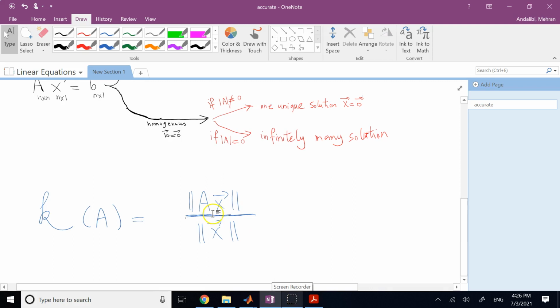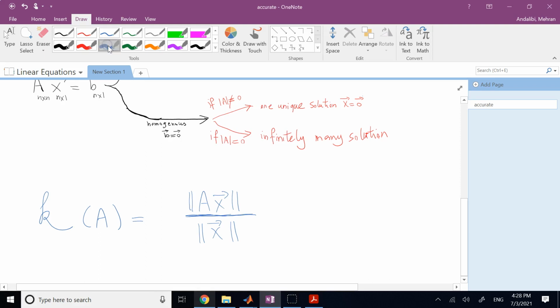But what you really want is, if I change my vector x, and in the numerator I multiply it by A and take the norm of it, in the denominator I just take the norm of x itself, and I evaluate this ratio for any possible vector x, then the maximum I can get out of this ratio, we call it the condition number of matrix A, okay?